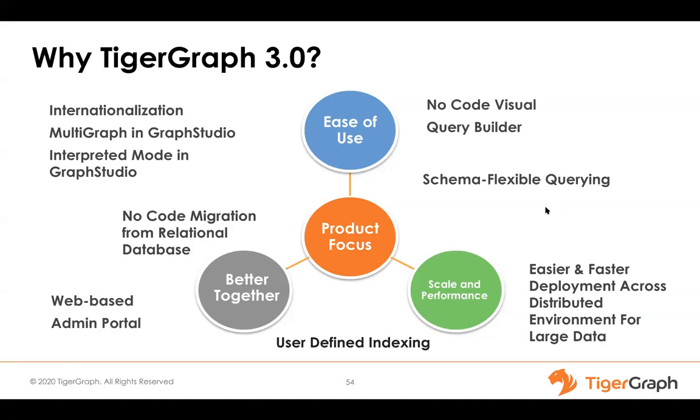And the next part is the Graph Studio SDK improvements. It brings the ease of use to our users and also the no-code migration from relational database to graph. This really works well with all the ecosystem frameworks that we are connecting to with TigerGraph.